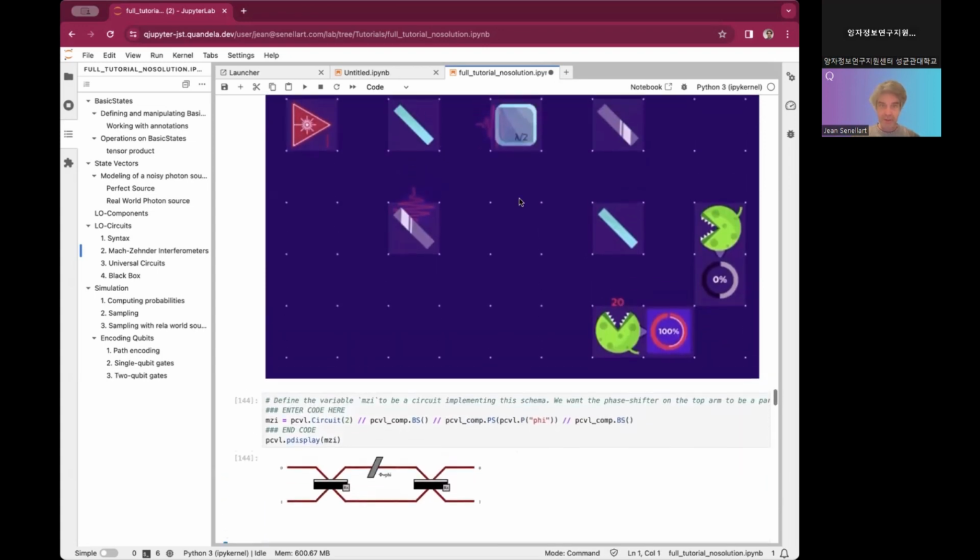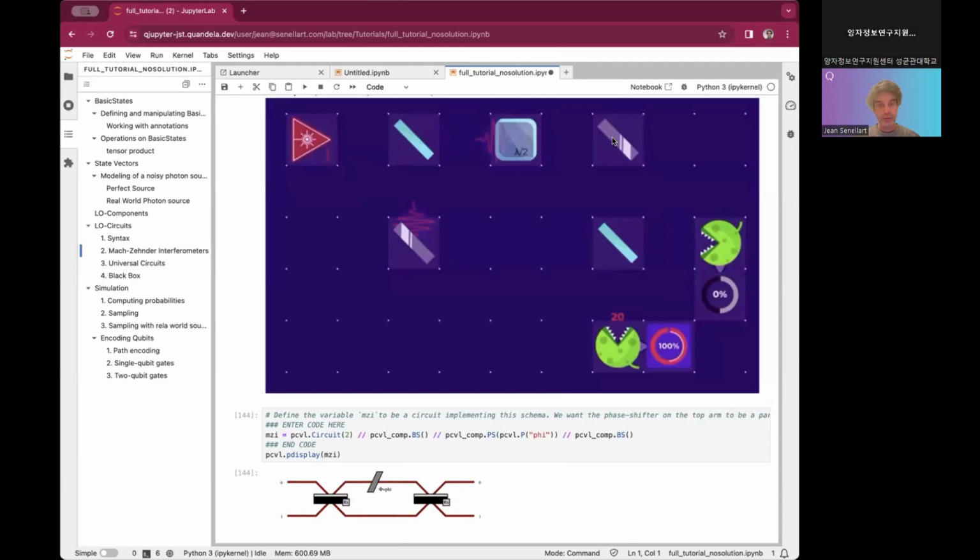Why is it equivalent to this one? I mentioned that the mirror we don't care about, because the mirror is just a way to route the light. In fact, we could take this beam splitter and put it here and try to align it in free space to have the correct angle. There are a lot of mirrors on the optical table, but they have no use on a schematic.